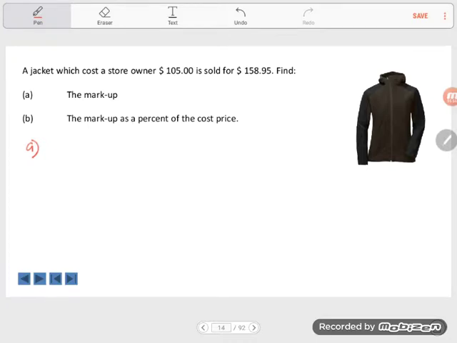So the markup is the difference between those two. So we just find the difference between the cost price and the retail price to get the markup. So that gives us $53.95.